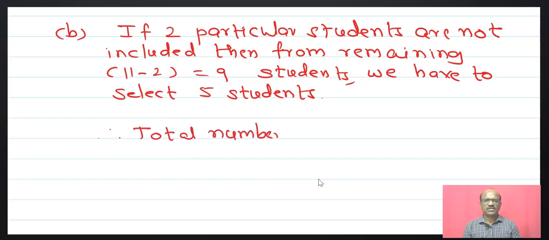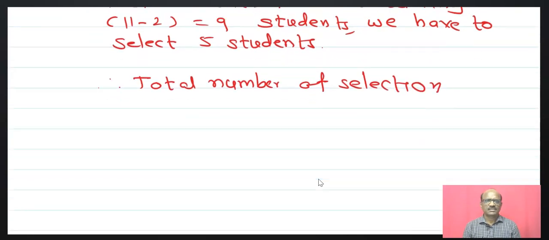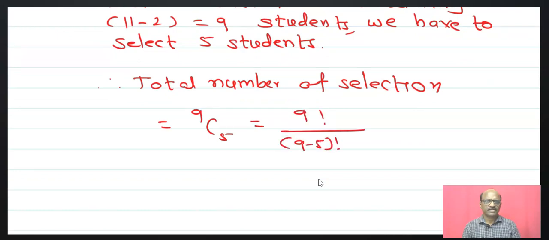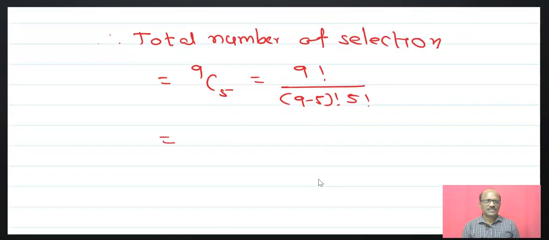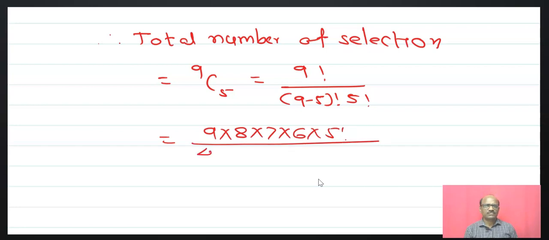The total number of selections is 9C5, 9 factorial upon 9 minus 5 factorial into 5 factorial, that is equal to 9 into 8 into 7 into 6 into 5 upon 4, 3, 2, 1, 5 factorial. These two get cancelled.